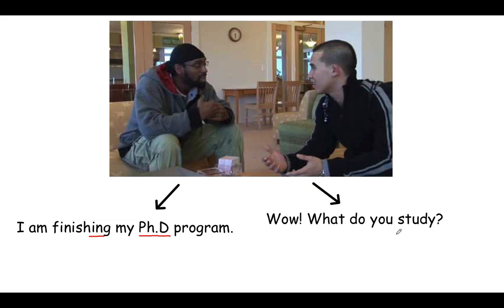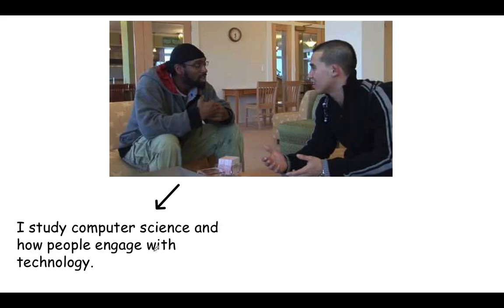"Wow, what do you study?" "I study," so he used the simple present tense, "I study computer science and how people engage with technology." So just a little vocab lesson. Engage means how people interact.